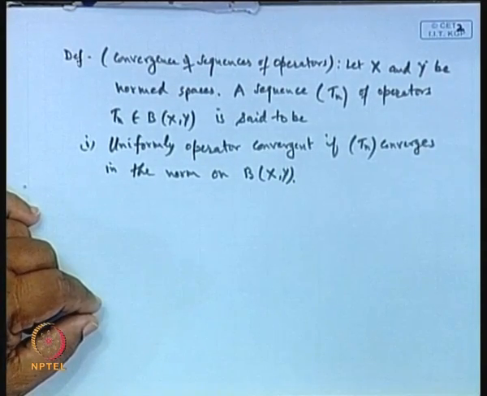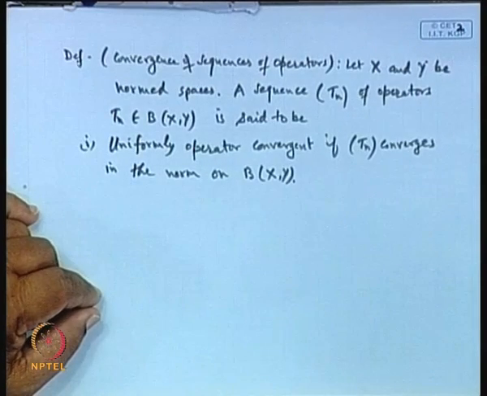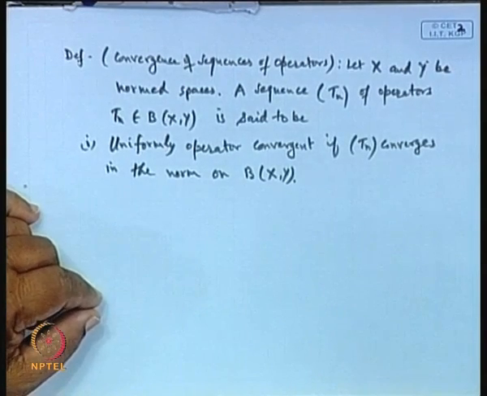That is, the norm of T n minus T must go to 0 when n tends to infinity.